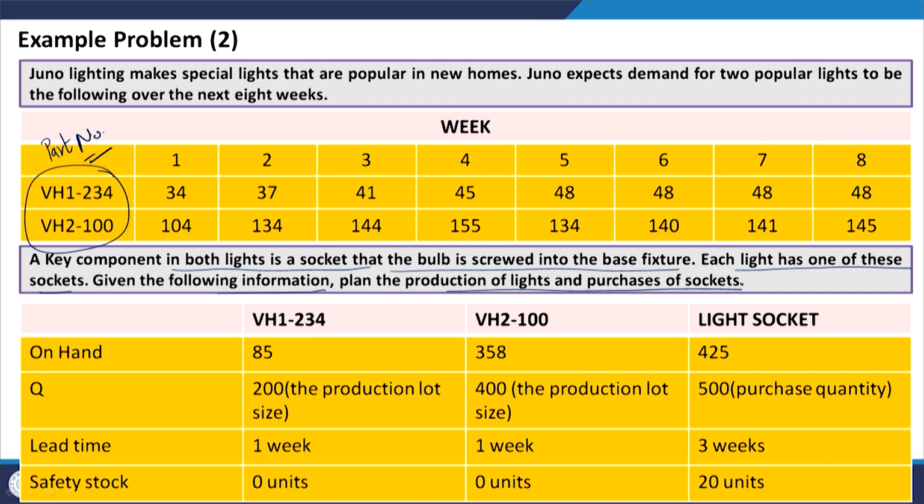Now, VH1 234 and VH 200, both of these have some quantities available to you in stock, 85 and 358, and both these lights use a particular type of socket, and you have some. So, this is your inventory record.